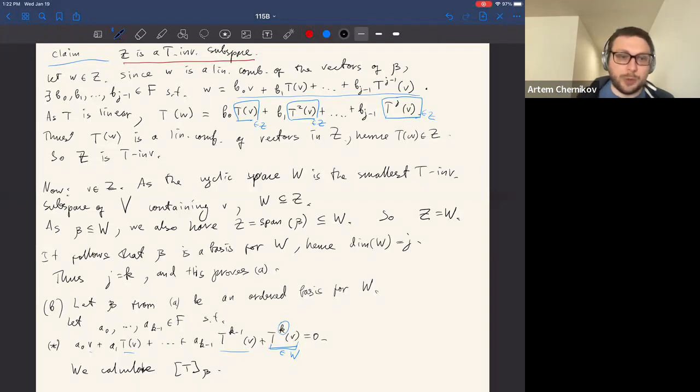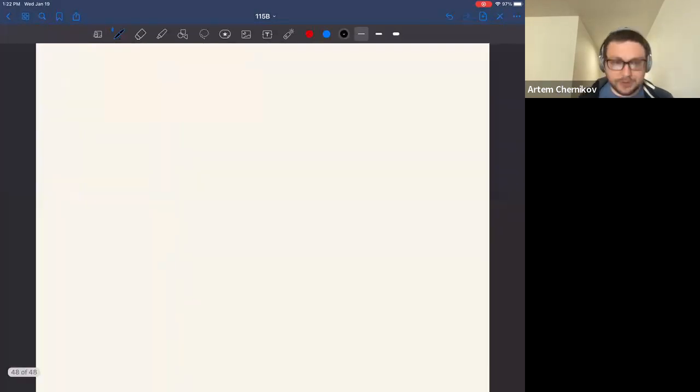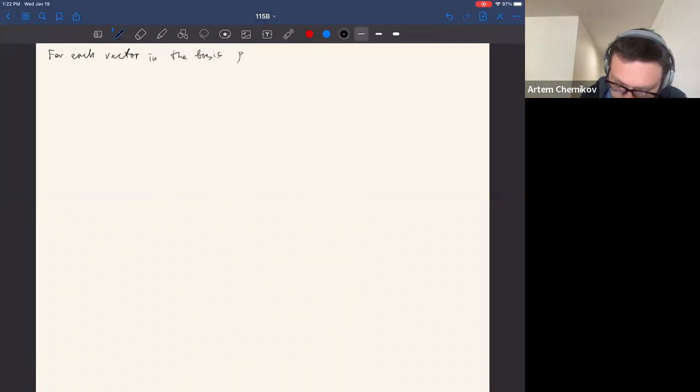So we need to determine the coordinates of each vector in the basis with respect to beta. So note that for each vector in the basis beta, we have the following.